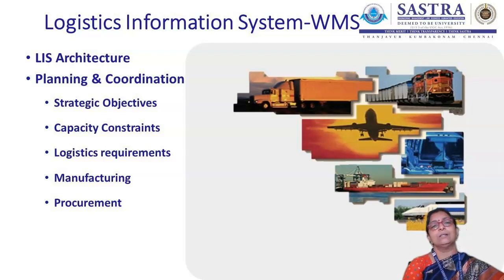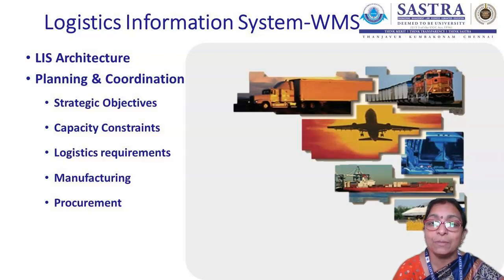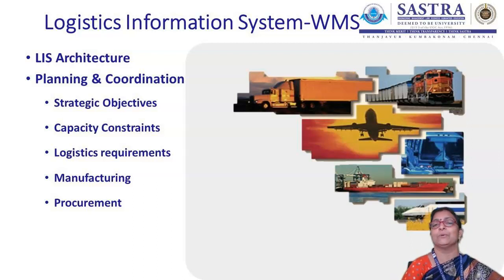The next component is capacity constraint. Capacity constraints in logistics, manufacturing and procurement requirements, all of these evolve only from the strategic objective. Internal and external manufacturing, warehousing, and transportation resources determine the capacity constraints.